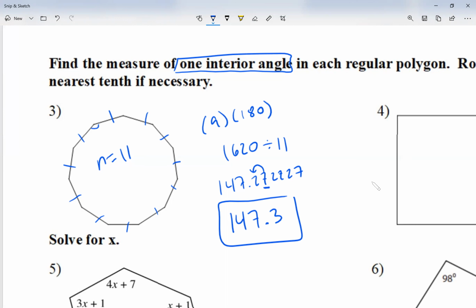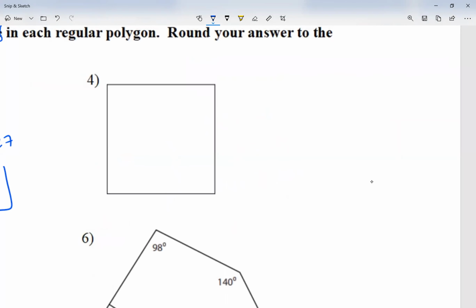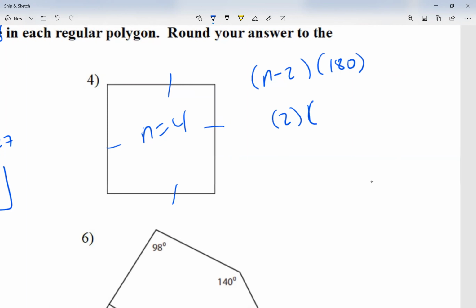All right, let's take a look at question number 4. I count how many sides I have. There's 4 sides. I remember the formula n minus 2 times 180. That tells me how much all the angles add up to. So I have 2 times 180, which is 360.